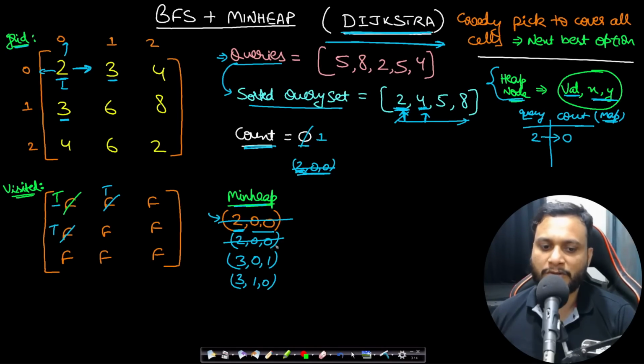Now the next best option will be taken out. These two 3's are the same, but the second value of this 0 is smaller, so this will be taken out: 3,0,1. Now in this case, again check this 3 with 4. 3 is smaller, yes, so increment the count to 2. So this node has also been covered by 4. Now check: you cannot make the top call. Can you make the right call?